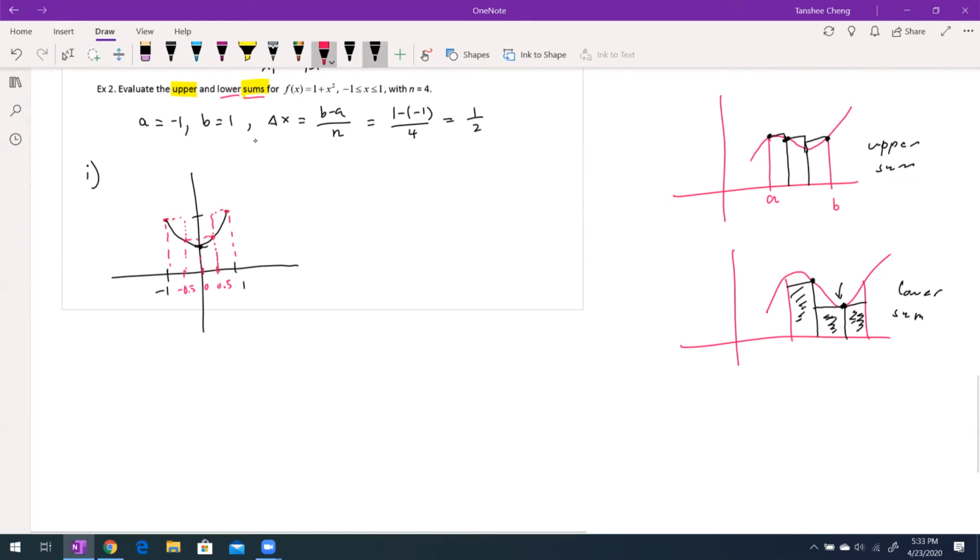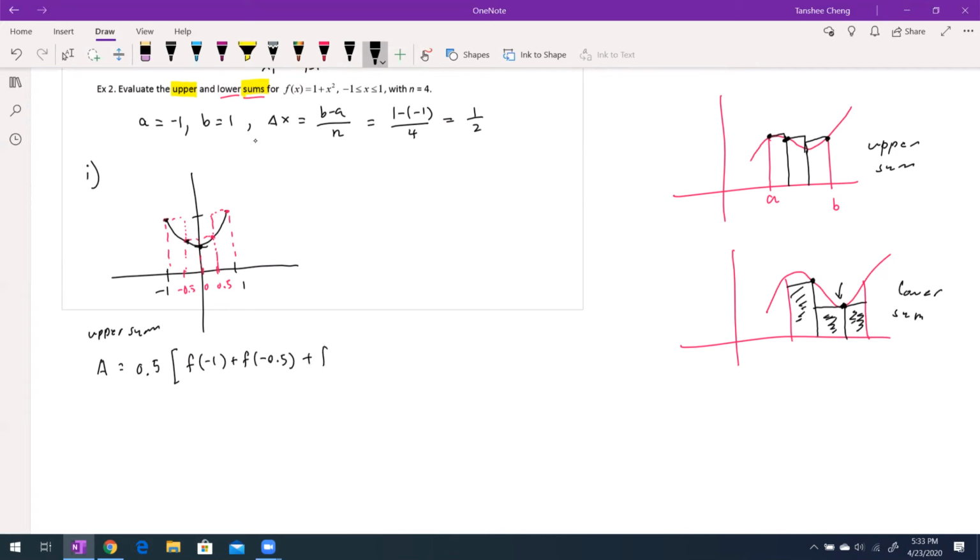So that's the first example that we're going to do. So when we find the area using the upper sum, that will be 0.5, my delta x, times my function evaluated at negative 1, negative 0.5, right? Because the first rectangle and the second rectangle are using the left end point.